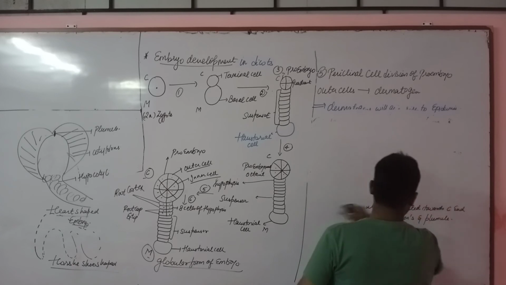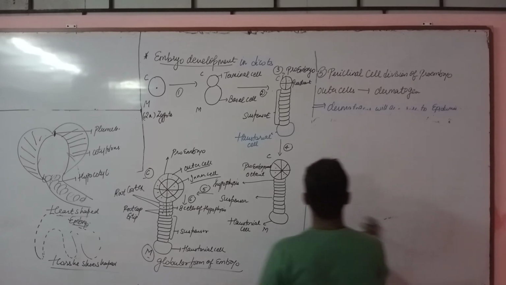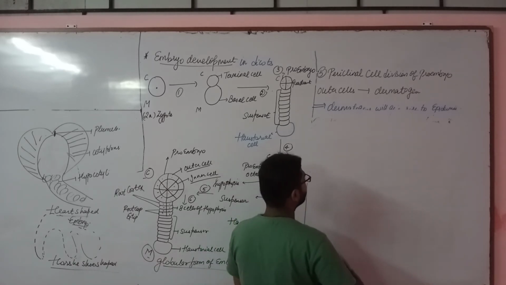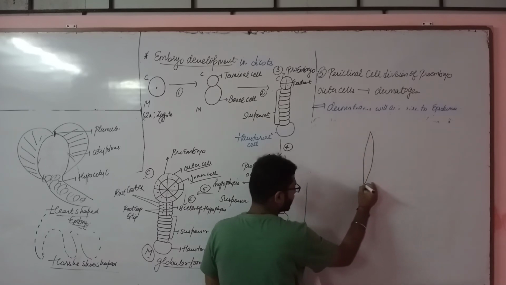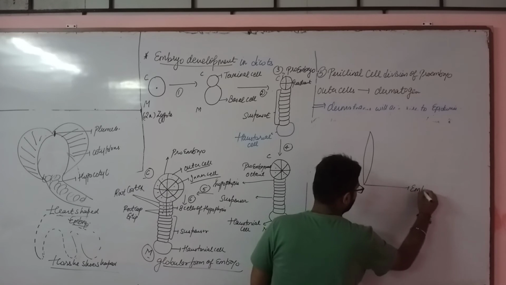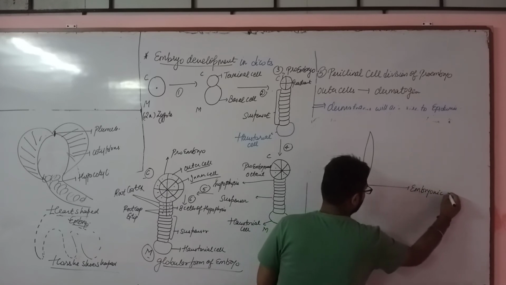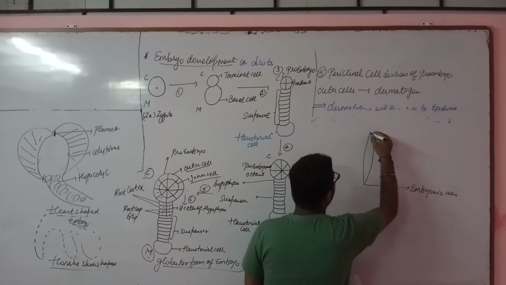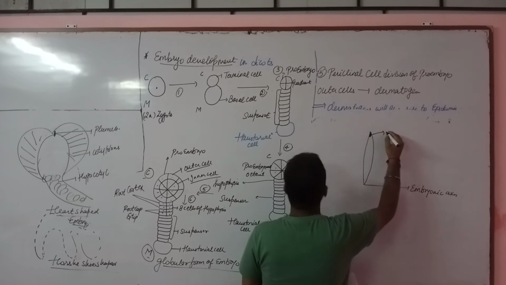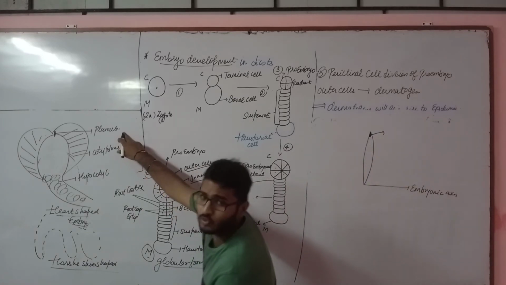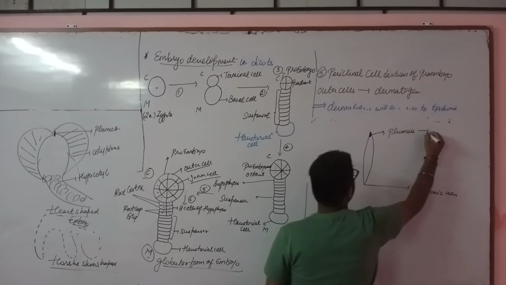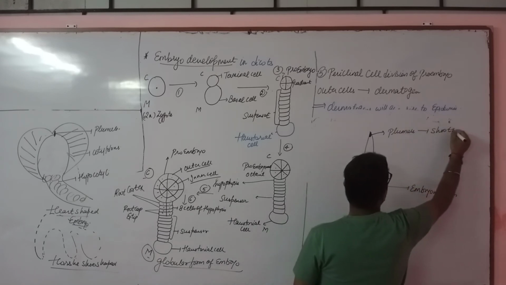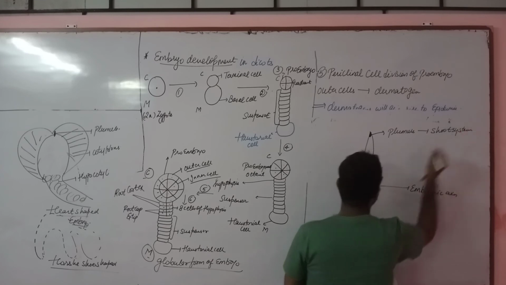Within the structure of embryonic axis, say this is the structure of embryonic axis. This upper part will be called the plumule. You can see from here also, which will give rise to the shoot system.